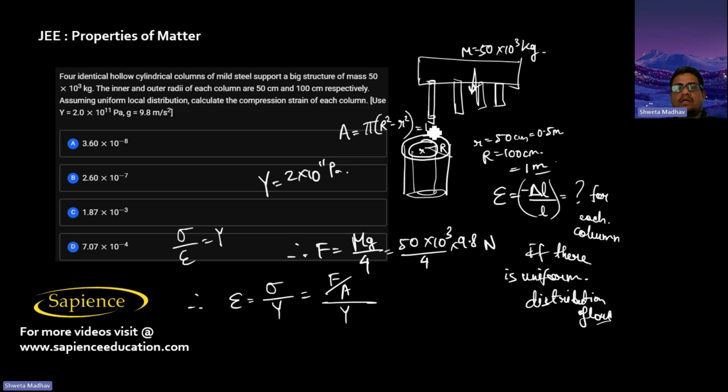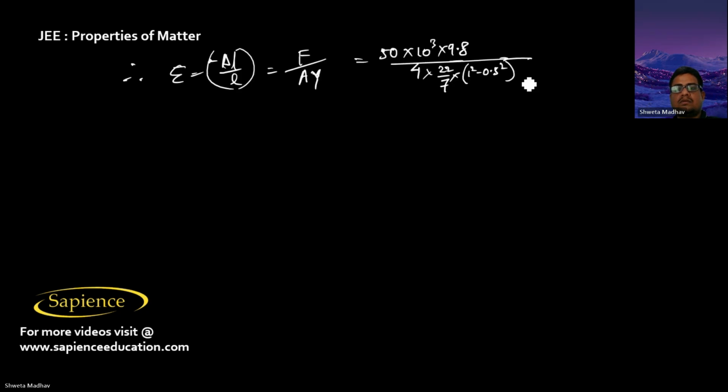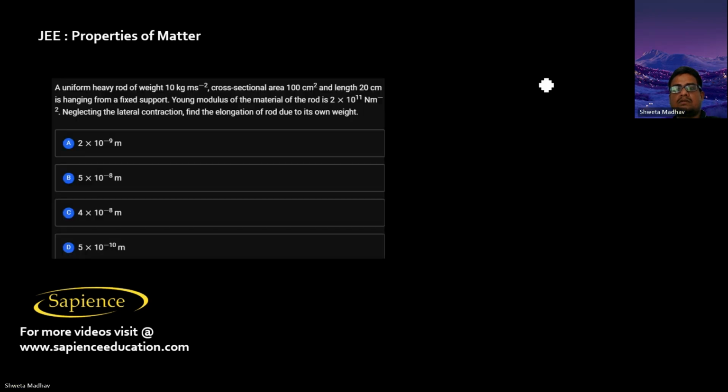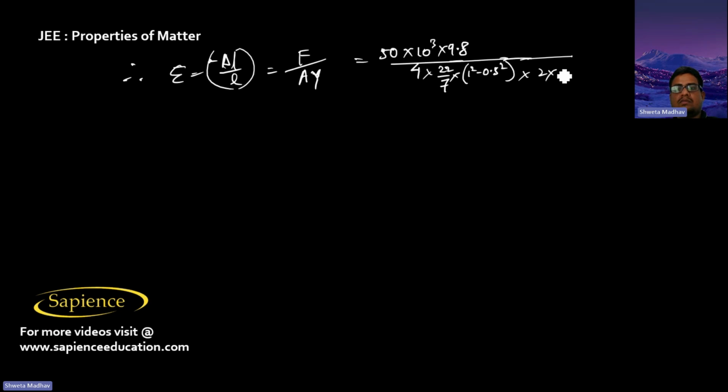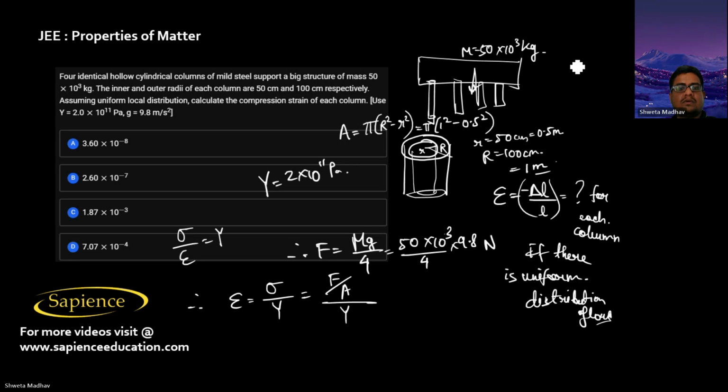That will be pi into 1 square minus 0.5 whole square, into Y. Y is 2 × 10^11. So this value we have to find out.